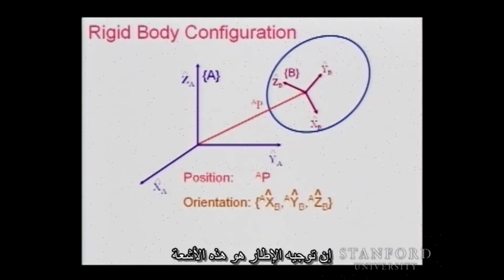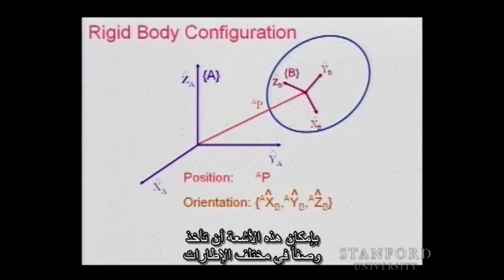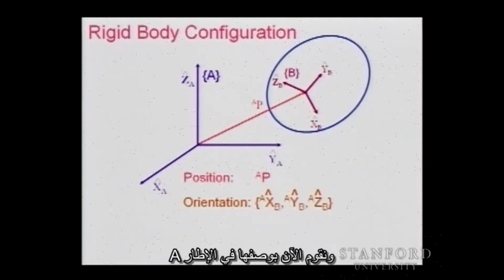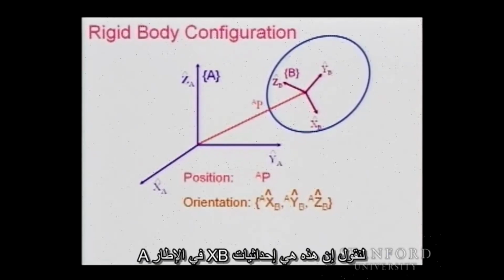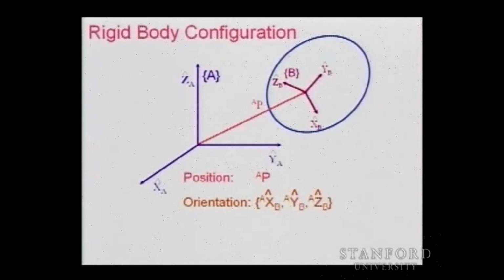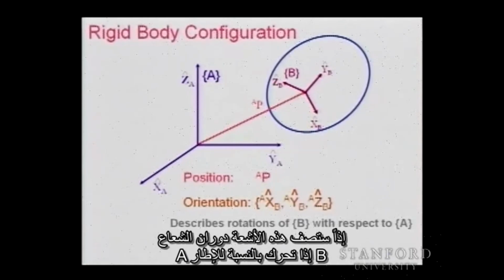The orientation of the frame is given by these vectors xb, yb, and zb. These vectors can have descriptions in different frames. Now we are describing them in frame A, so we denote xb and put A to say these are the coordinates of xb in frame A. These vectors describe the rotations of B with respect to frame A, if it moves.